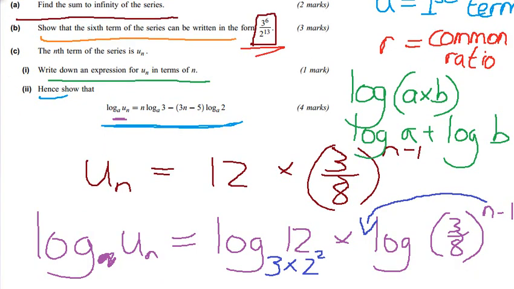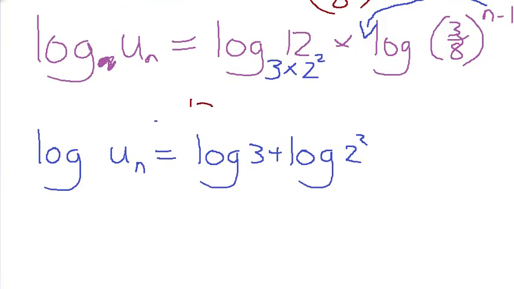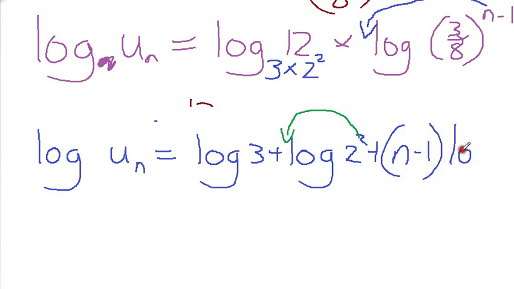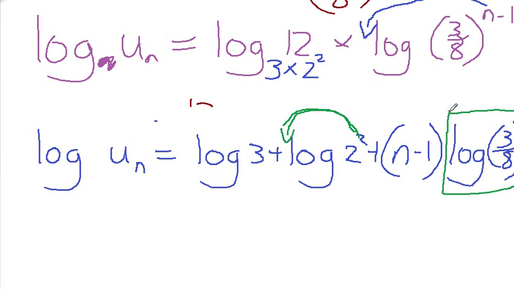Then bring the n minus 1 in front of our log of 3 over 8, so plus n minus 1 times log 3 over 8. Then I can bring that 2 round to the front, and split log 3 over 8 into log of 3 minus the log of 8.